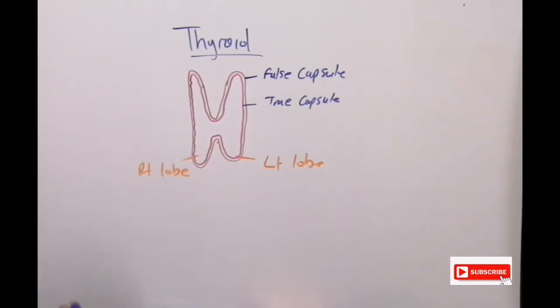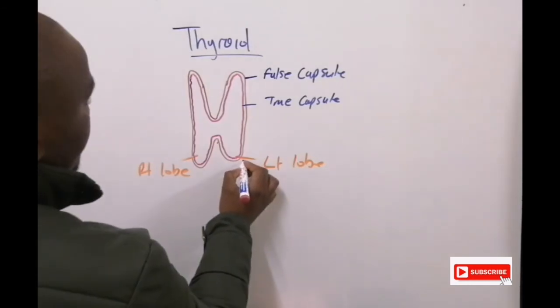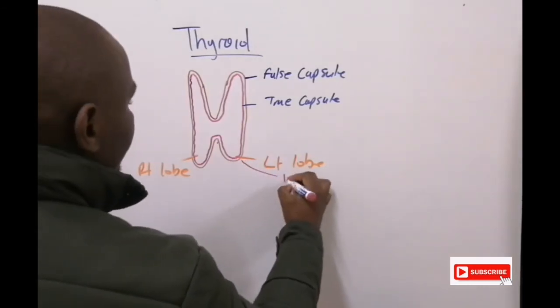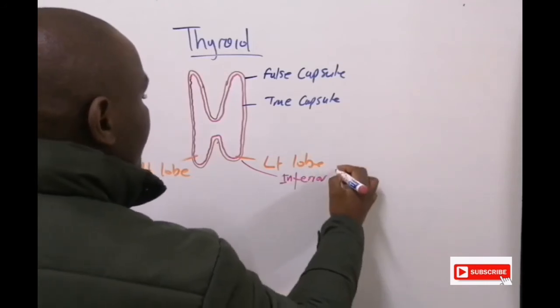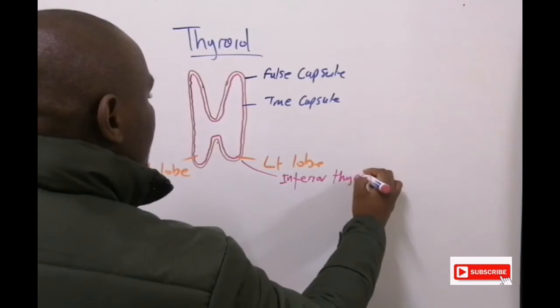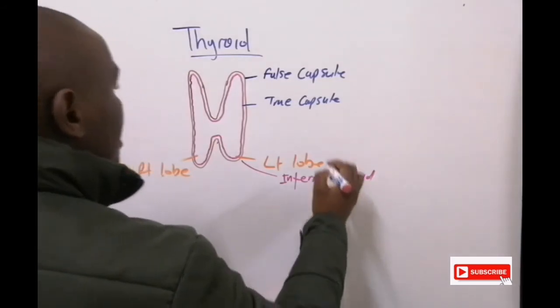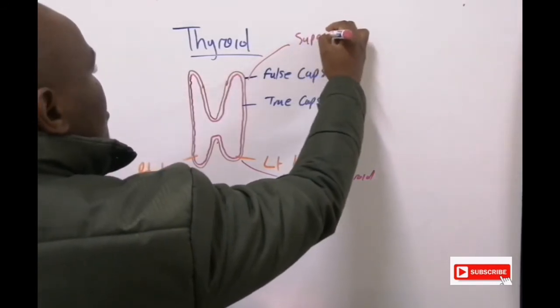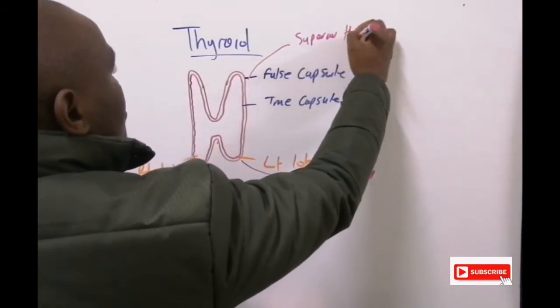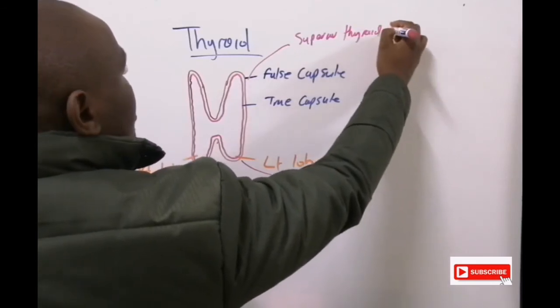Now, coming to the issue of blood supply. The blood supply to the thyroid has two standard arteries: the inferior thyroid artery and the superior thyroid artery.